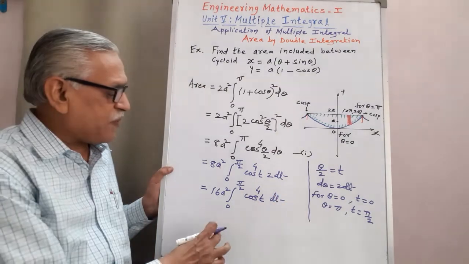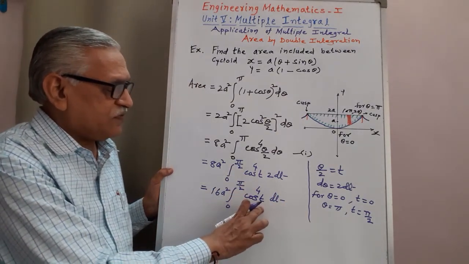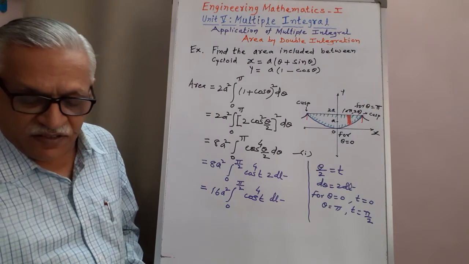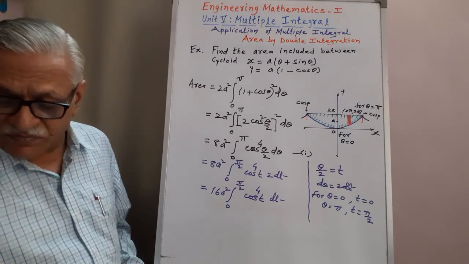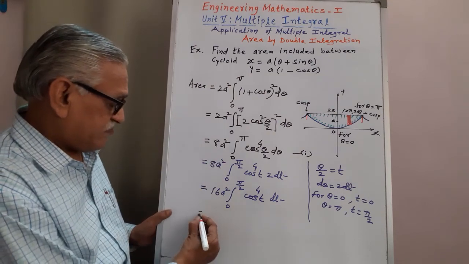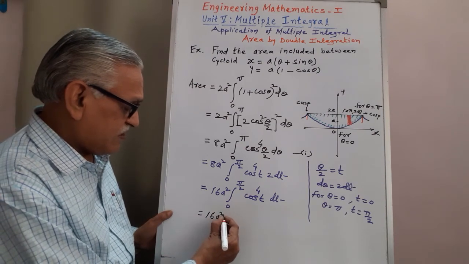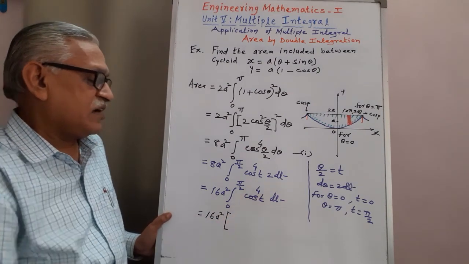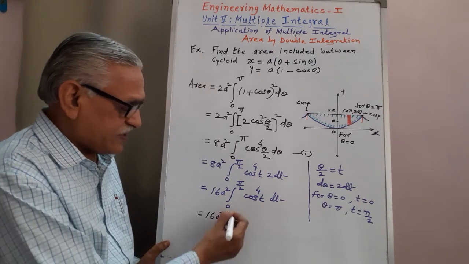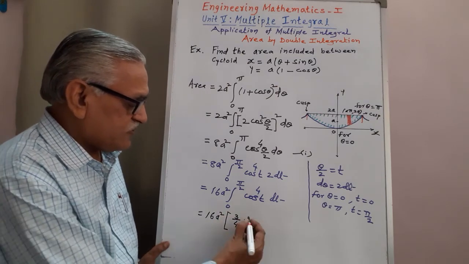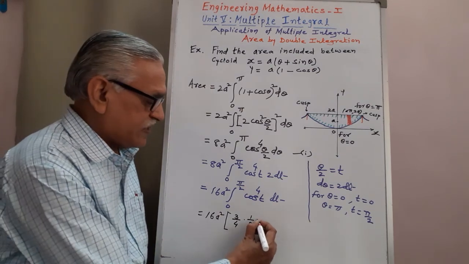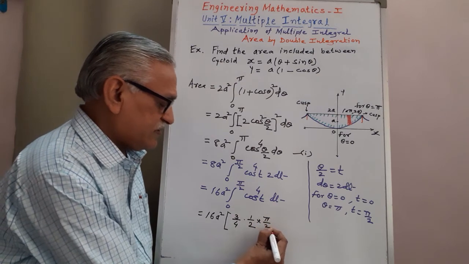As the limits are 0 to pi by 2 and the term is cos theta raised to n, applying the standard reduction formula, we get 16a square times (n minus 1) upon n, first term, therefore 4 minus 1, that is 3 by 4, subtracting 2 from both numerator and denominator, we get 1 by 2, last term is 1 by 2 into k, and the value of k is pi by 2 as n is even.